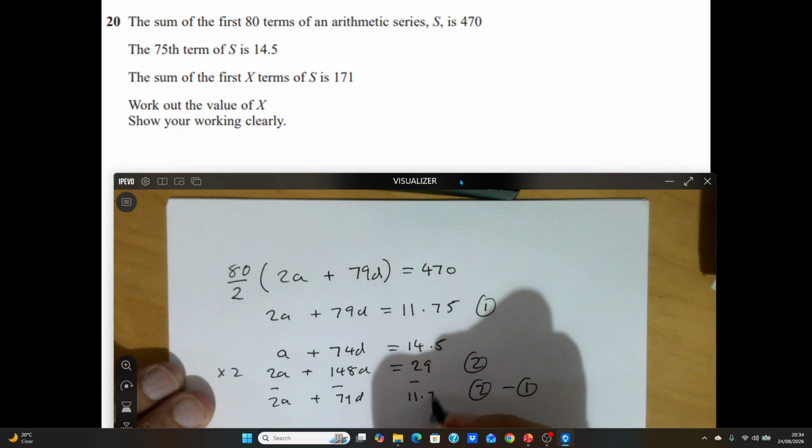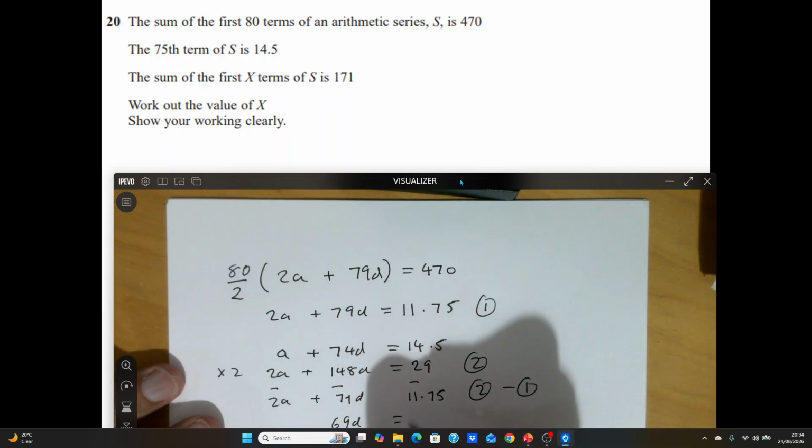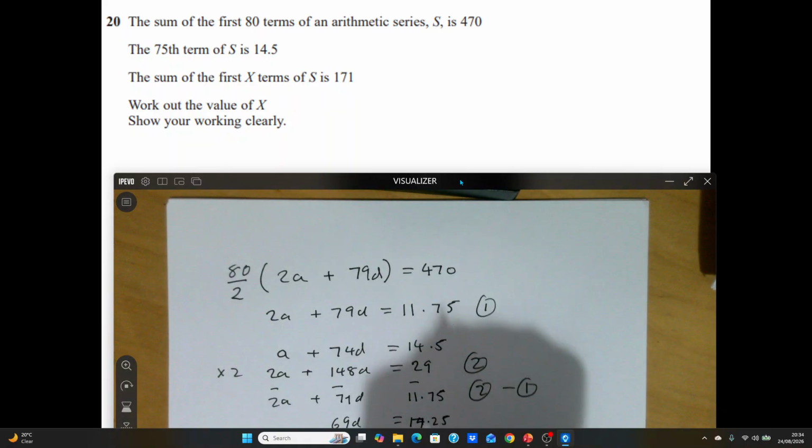take 11.5. So that gives me 69d equals 14.25. Let's check that. No, it's not 14.25, it's 17.25.